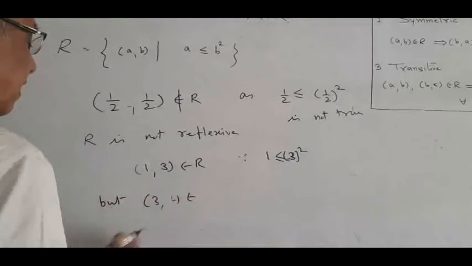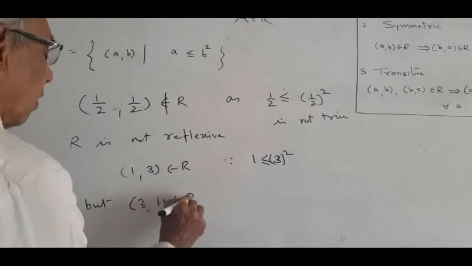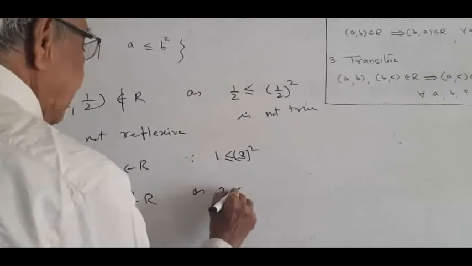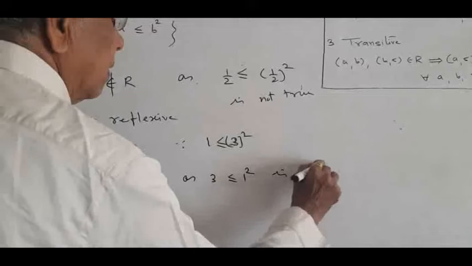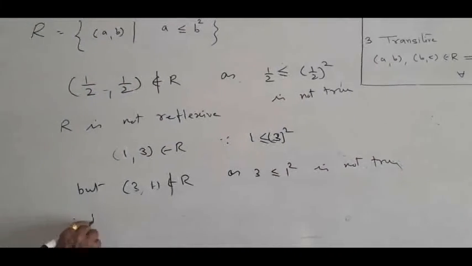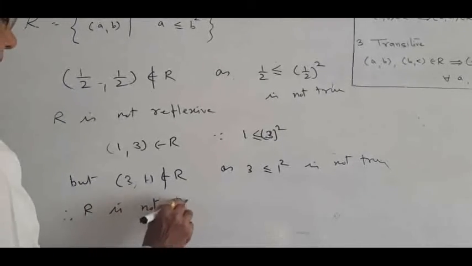But (3, 1) does not belong to R, right? And 3 is less than or equal to 1 square is not true. Therefore, R is not symmetric.